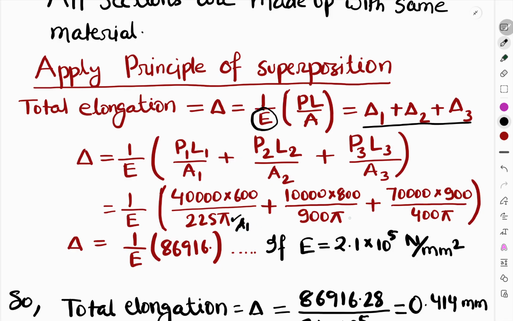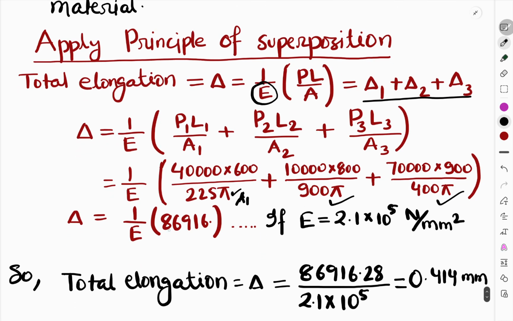Likewise the area A2, and here the tensile loads we are getting: 10,000 Newton into 800 length, then 70 kilonewton means 70,000 Newton into 900 is the length, divided by 400 pi, the area for section 3. So here 1 by E into 86916, when we calculate, we get this value.